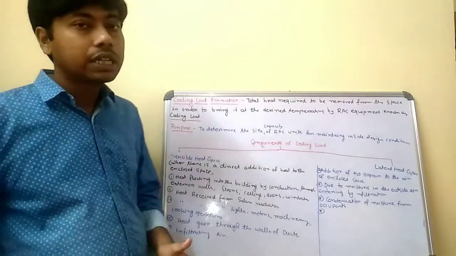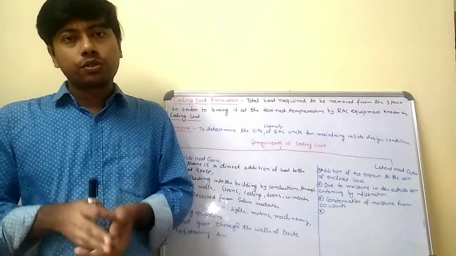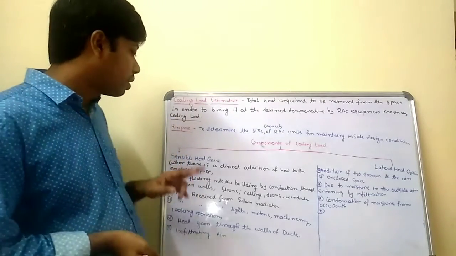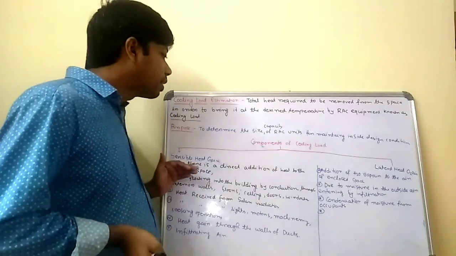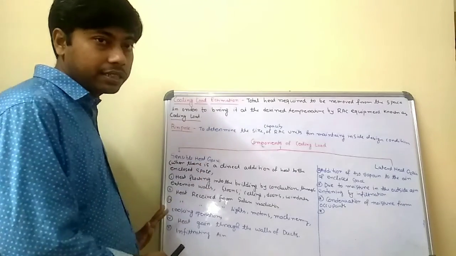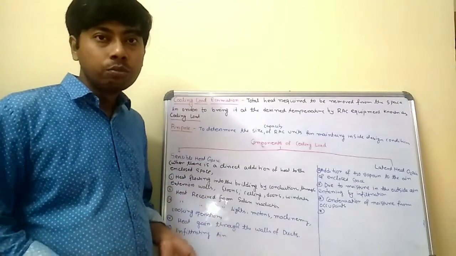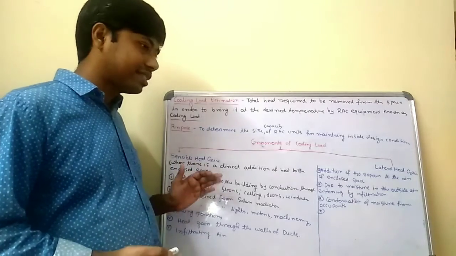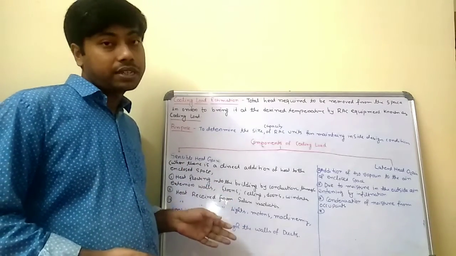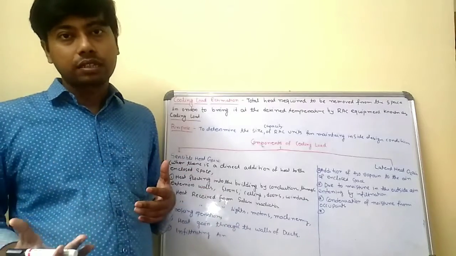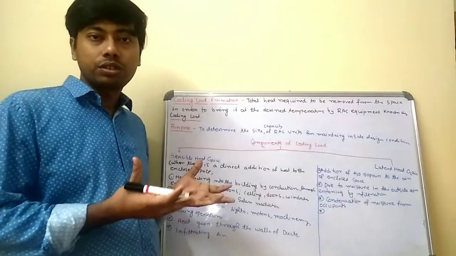So when you calculate the cooling load, two things you have to do. First of all, you have to calculate the sensible heat gain. There are several factors, and you have to calculate all of these depending on the circumstances of the room, because that amount of heat has to be extracted to maintain the temperature within the room.